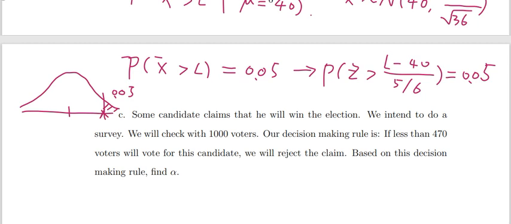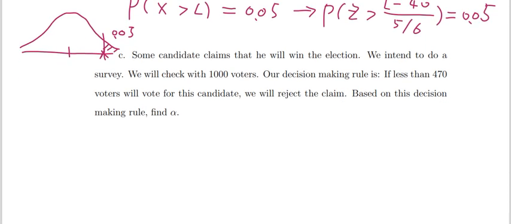Okay. So this one, part C, is quite the same as B, but we're talking about the percentage proportion. So we just change those numbers to proportion. So when P hat is less than 0.47, we will reject the claim.